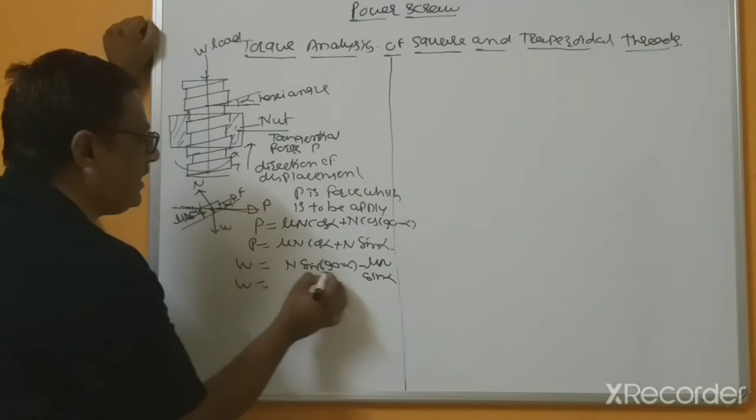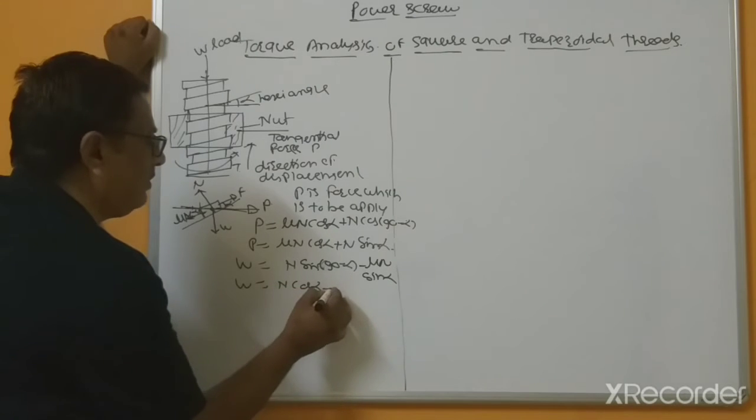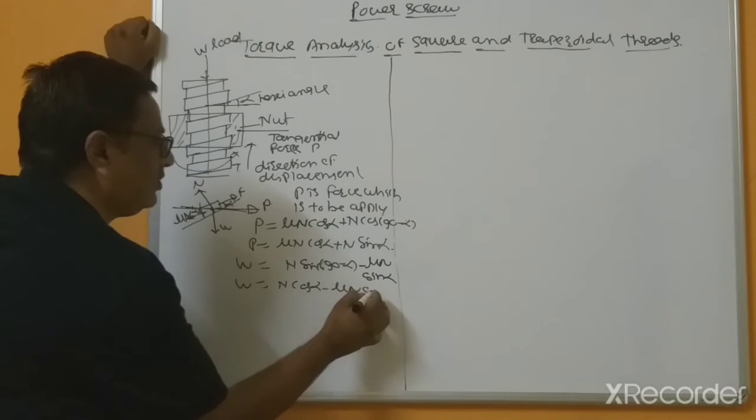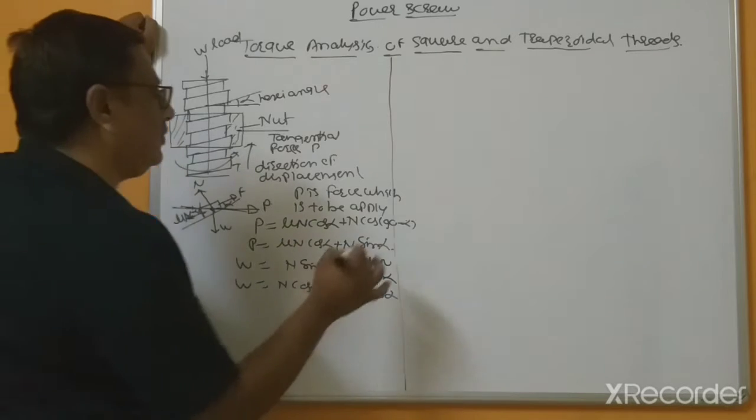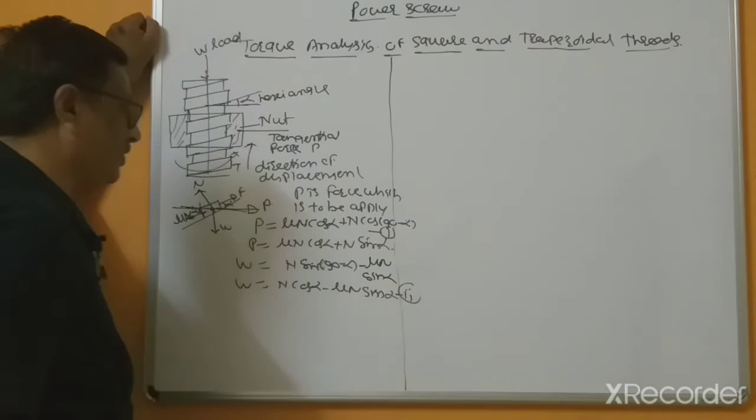So W equals N cos alpha minus mu N sin alpha. Suppose this is the first equation and this is the second equation.